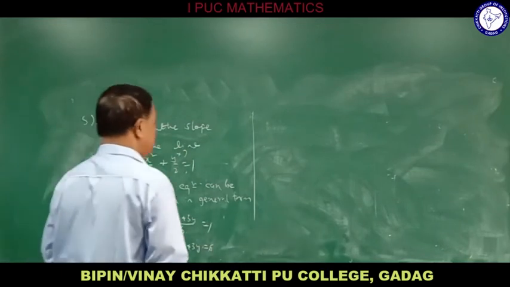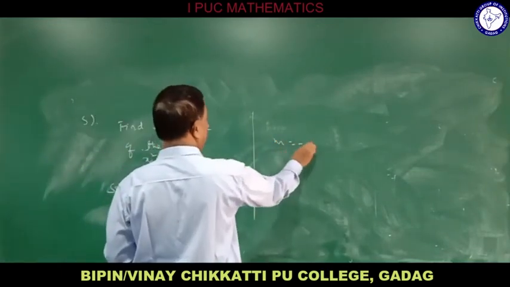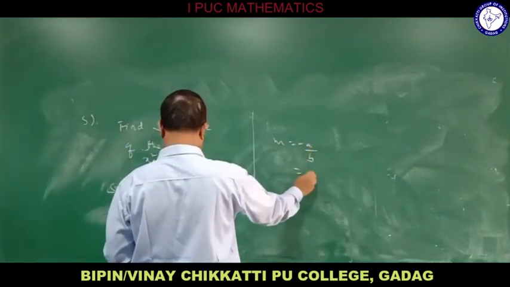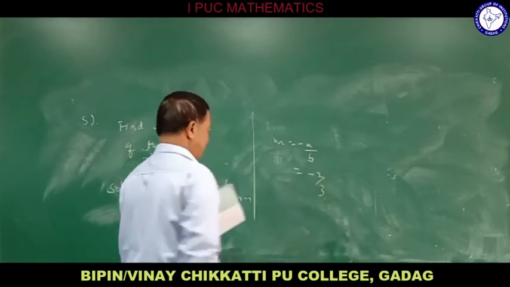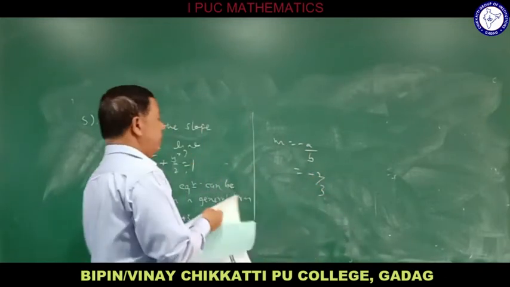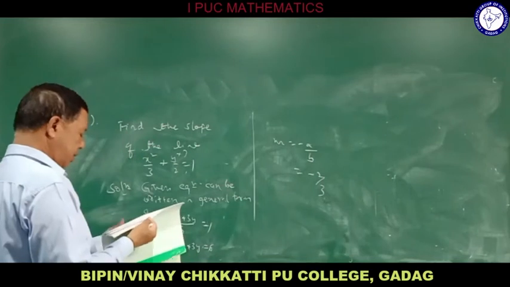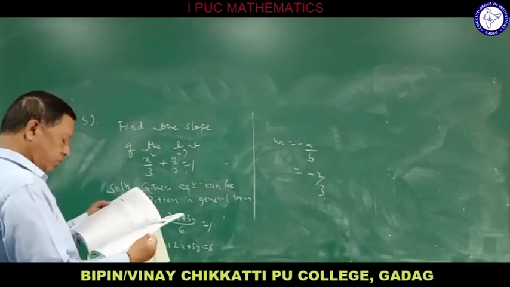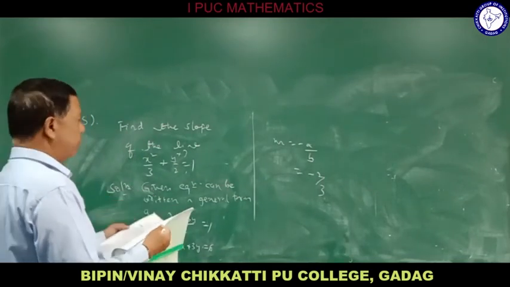Question is what? Slope. m is equal to minus a by b, minus 2 by 3. So the answer is minus 2 by 3. You see that is how we write the slope, minus 2 by 3.